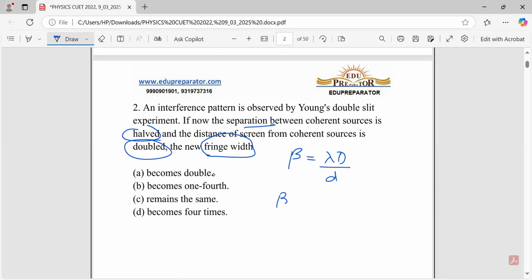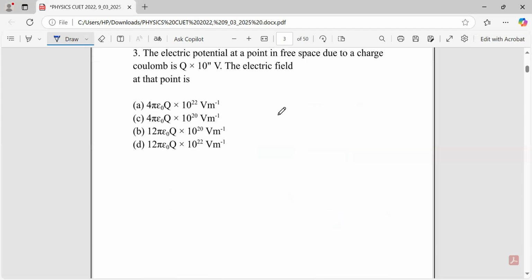So beta dash will be equal to screen distance doubled and this is half. So therefore this means your beta dash will be equal to kitne times? 4 times. So therefore you have D as the answer, which you can easily apply. Now let us move to question number 3.